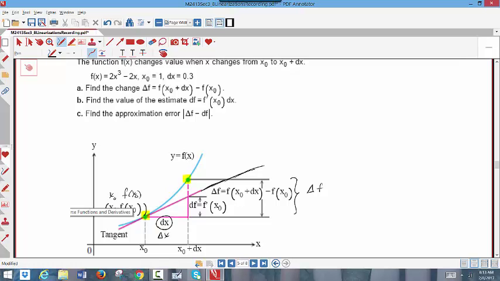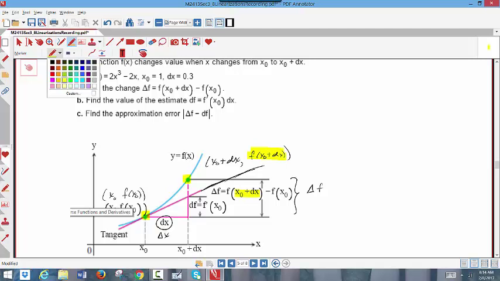So this point would be x of 0 plus delta x, or dx, because you're increasing your x value by a small amount, and then f of x of 0 plus dx. So that's that y value. This huge thing they have written is your y value at this point. That's how they get that. So that's your delta f.